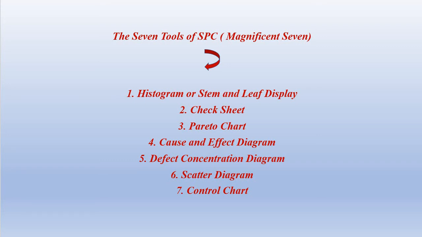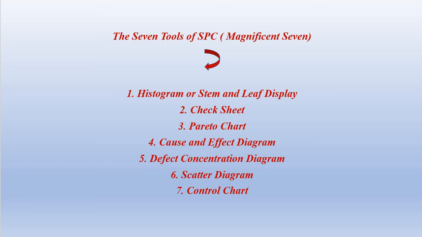SPC builds an environment in which all individuals in an organization desire continuous improvement in quality and productivity. This environment is best developed when management becomes involved in an ongoing quality improvement process.